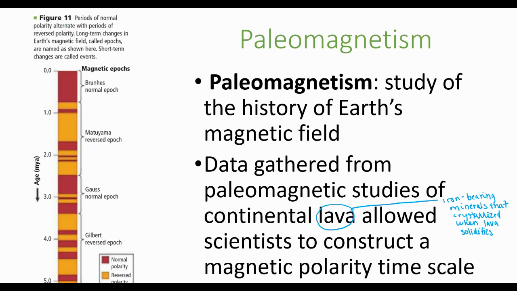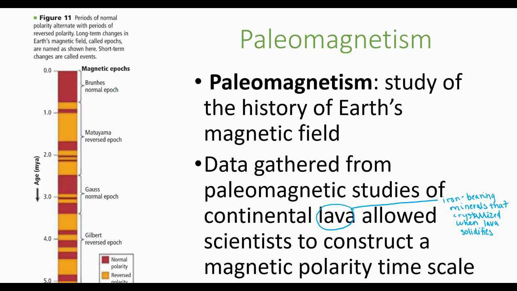This figure 11 is in your textbook. You can see it says periods of normal polarity alternate with periods of reverse polarity. Long-term changes in Earth's magnetic fields, called epochs, are shown here. Short-term changes are called events.